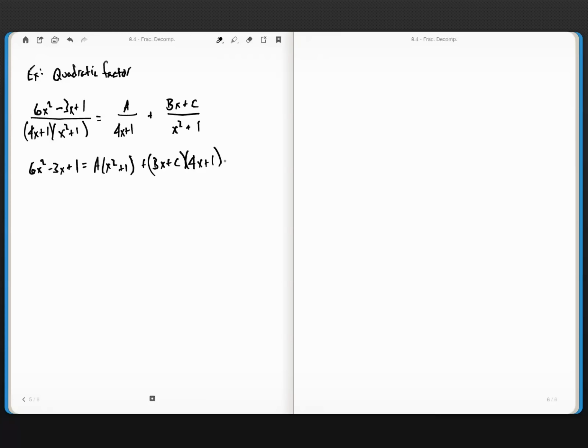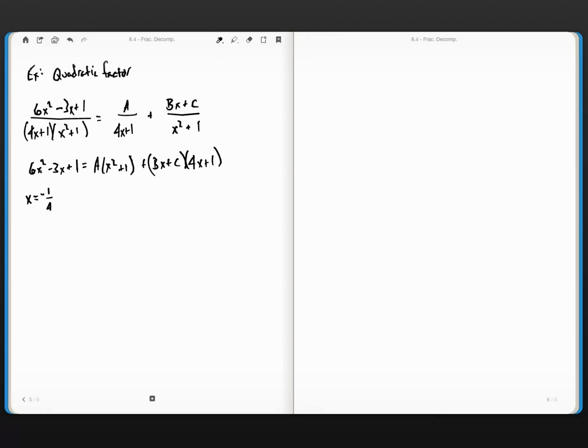Now this one isn't quite as clean, but I realize that if I pick x equals negative 1/4, this goes away. So at least I can get rid of my b's and c's with x equals negative 1/4. Plugging this in is a real hassle.